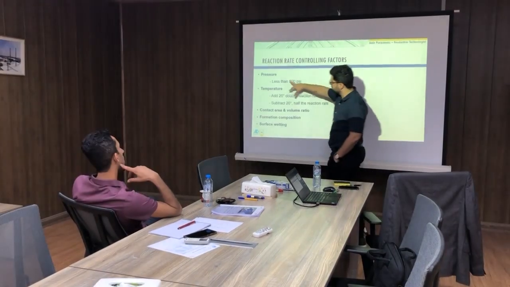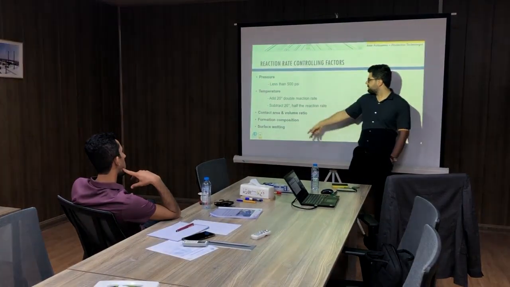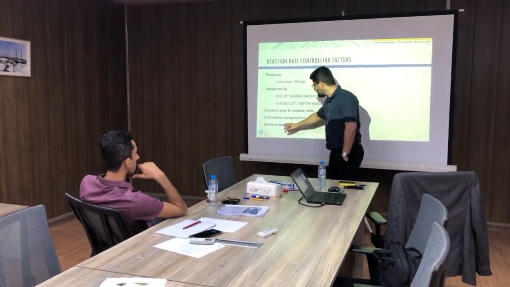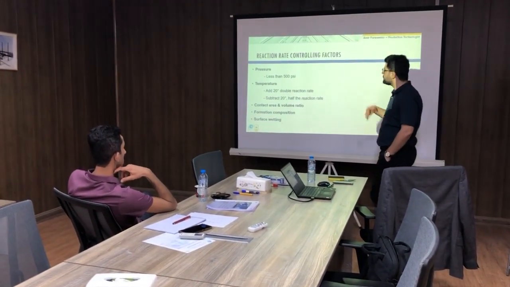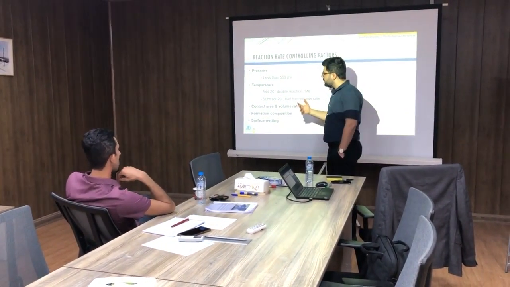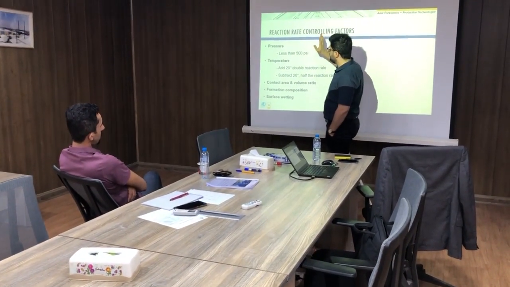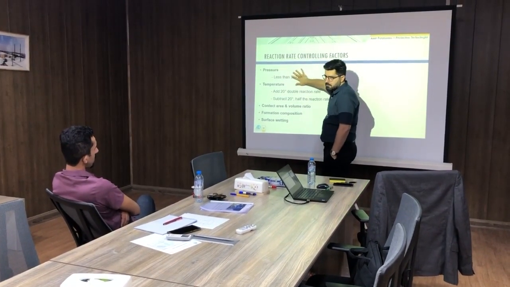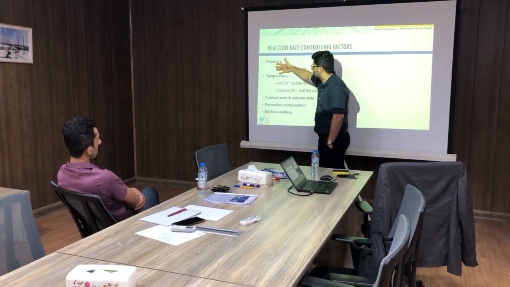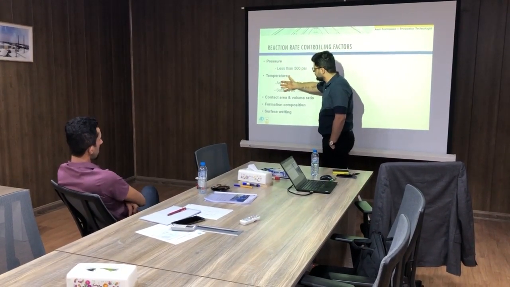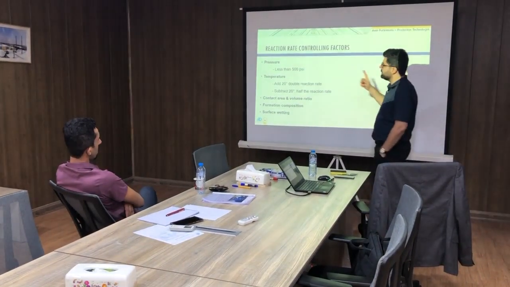These factors, pressure and temperature, besides contact area and volume ratio, formation composition and surface wetting, all of these parameters together control your reaction rates. In general, in our reservoirs, we didn't face this problem. This problem does not happen in our fields because of the high pressure that we have. But temperature has to be considered.